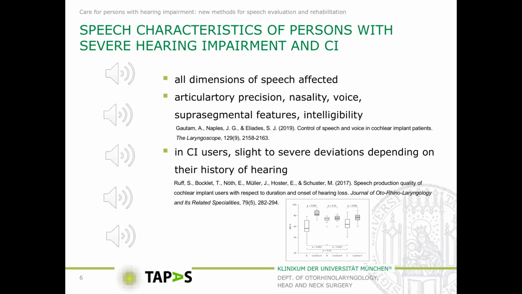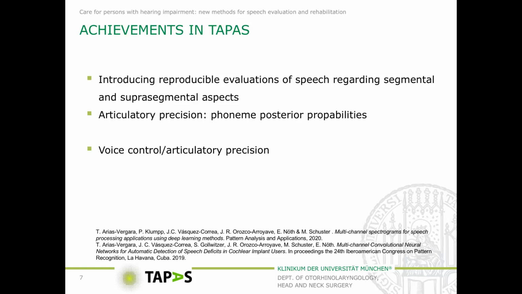But what we achieved in the TAPAS project: we introduced some new reproducible, not objective, but reproducible evaluations of speech regarding segmental and suprasegmental aspects and also breathing and rhythm.